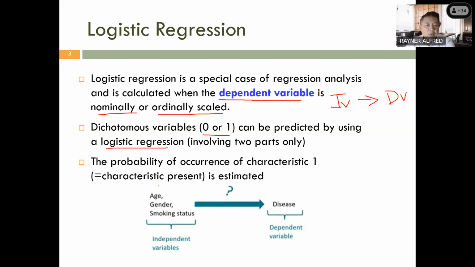Basically, we are trying to estimate the probability of occurrence of characteristic 1. For example, we use age, gender, and smoking status. We use these independent variables in order to model or find the probability of whether the disease is 1 or 0.